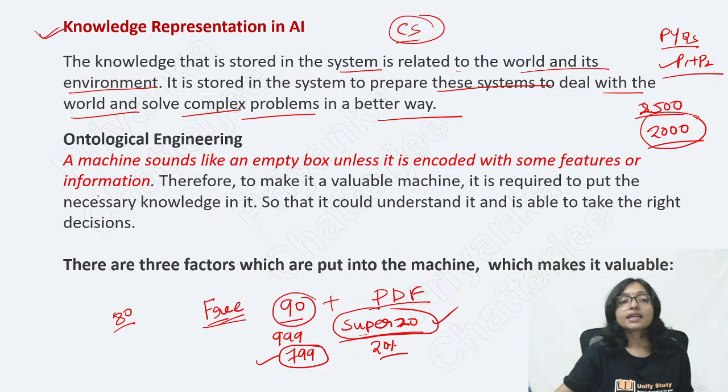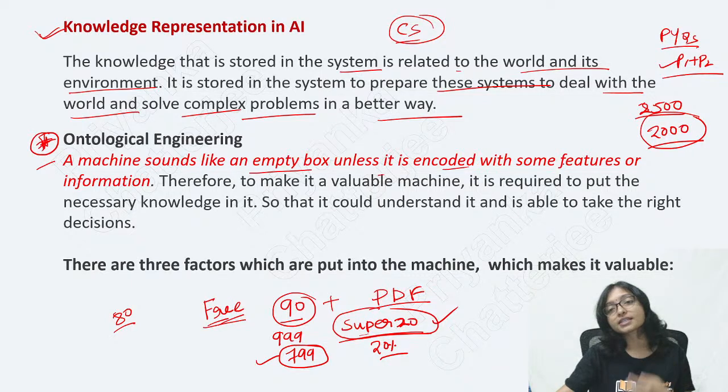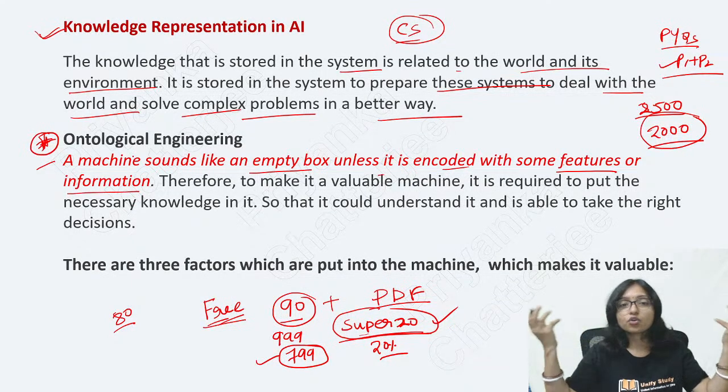Now, what is ontological engineering? A question came from here previously also. Very important concept. Questions came already from here. A machine sounds like an empty box unless some feature or information is encoded. A machine is there, no information is there, no feature is there, so it is an empty box.